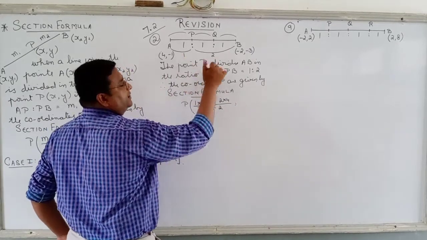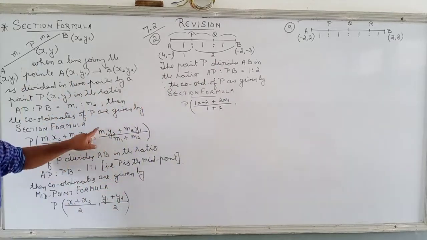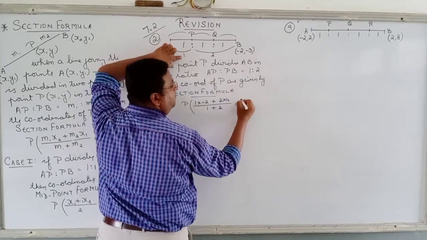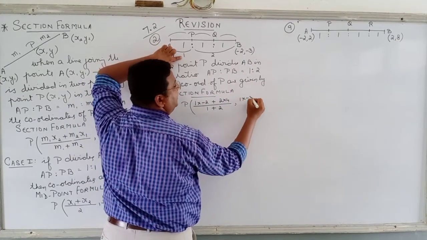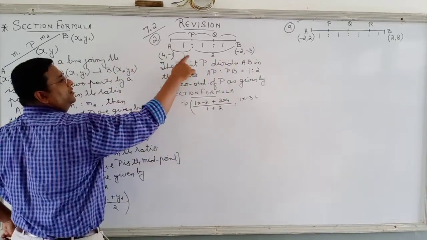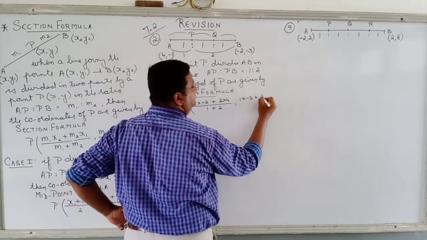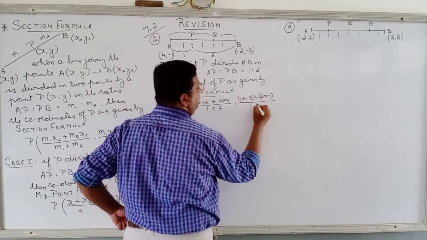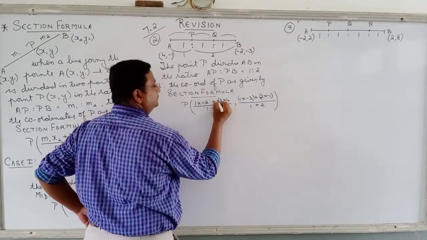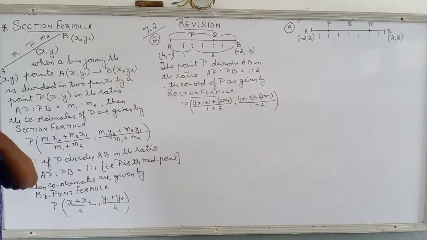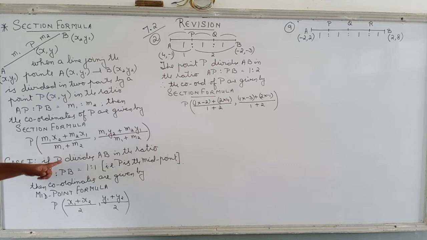Can you see that? And similarly the y coordinate, m1 into y2, 1 into -3, plus m2 into y1, 2 into -1, upon 1 plus 2. Can you see that? Simple application of the formula.